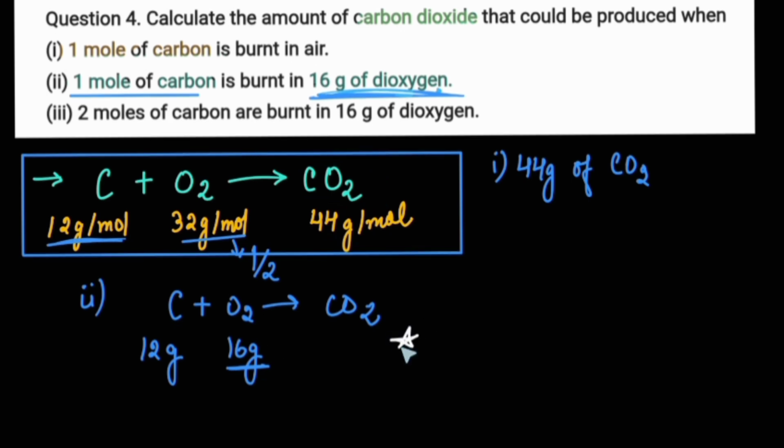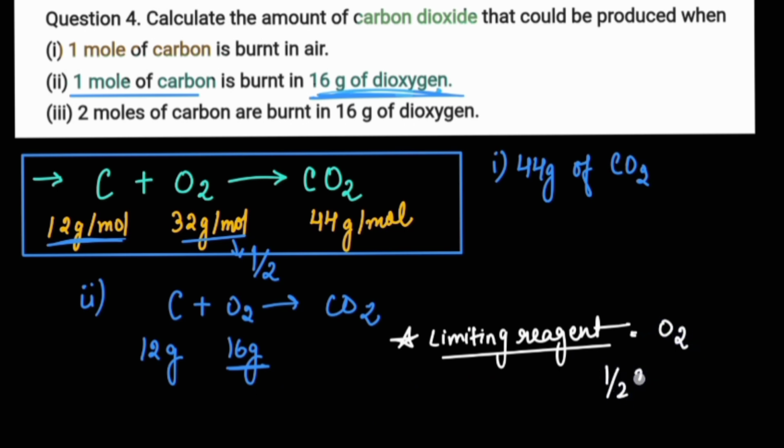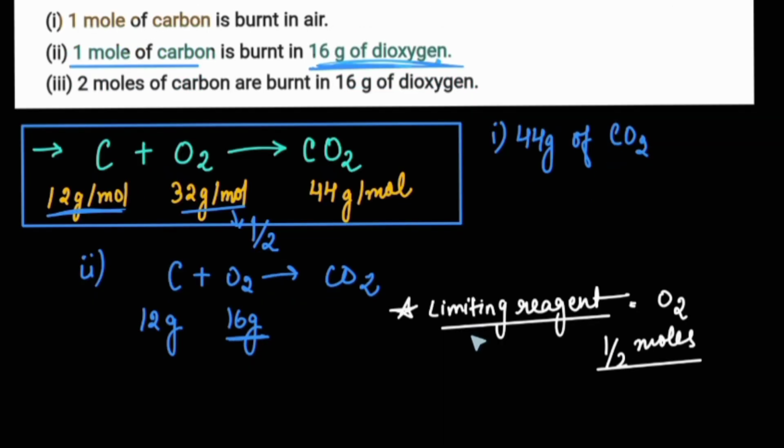Now we'll see the concept of limiting reagent, which is basically the reactant which is present in least amount. Here O2 is present in least amount. Why? Because it's half a mole. Now how will we see this? We'll see this by a formula, which is number of moles by stoichiometric coefficient.